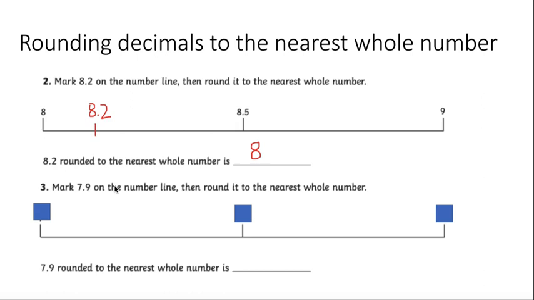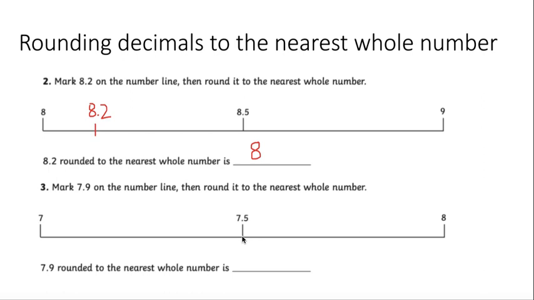Okay, our next question. Mark 7.9 on the number line, then round it to the nearest whole number. Again, we need to figure out which whole numbers it's between. It's going to be between 7, and the number after 7 is 8. Right in the middle would be 7.5, halfway along. So anything 7.5 and larger would round to 8.